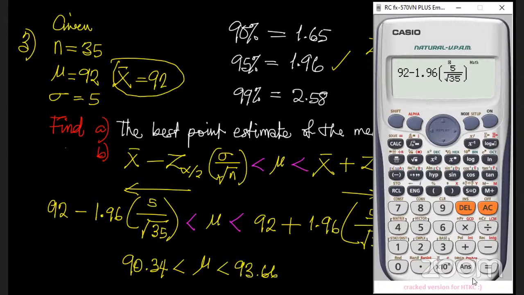Close the bracket. Let's see what this gives. Yeah, this is 90.34. That's correct. For the right-hand side, all I need to do is change the negative sign to positive.